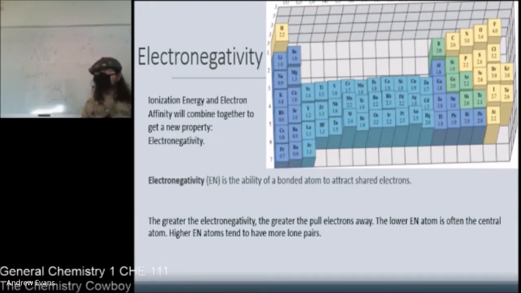Typically, with covalent atoms, we think of them sharing electrons. And usually, we want to think of them as an equal sharing pair. But in reality, depending on where this atom is in the table in comparison to the other atom bonded to it, we can have an unequal sharing situation.